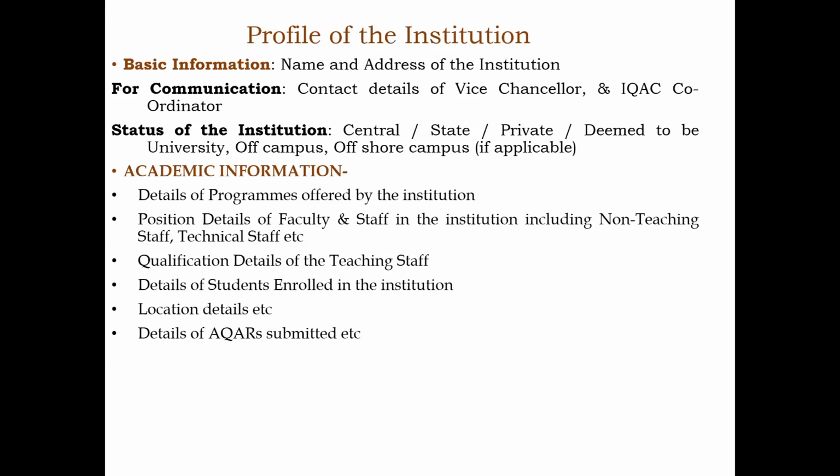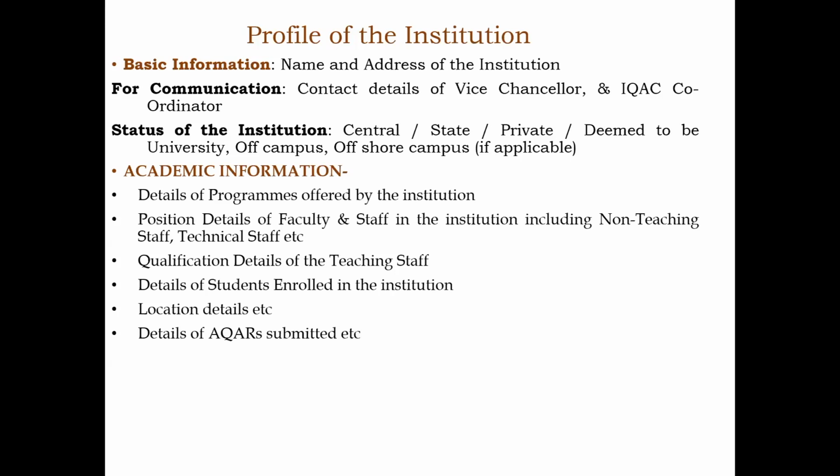The status of the institution, whether it's a central university, state university, private university, affiliated college, standalone college, or autonomous college. Academic information, in terms of details of all the programs which are currently a part of the institution, has to be filled in while filling up your SSR.